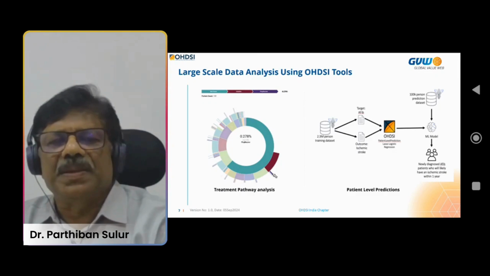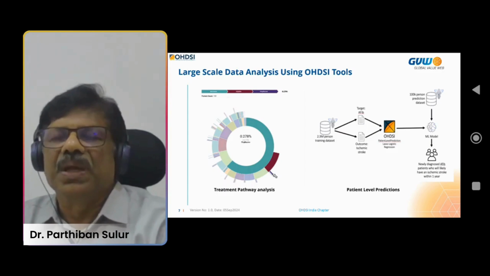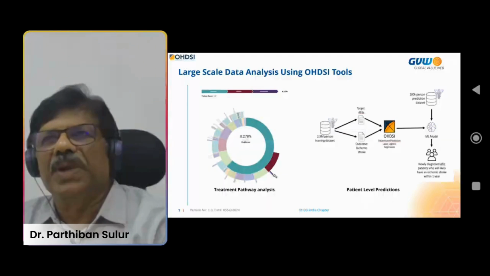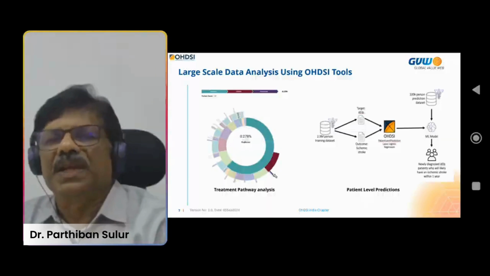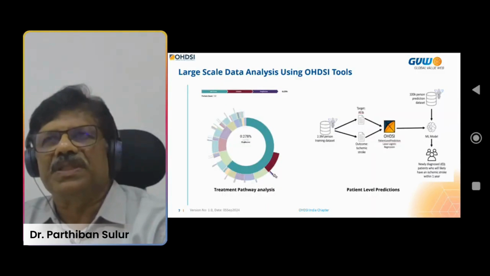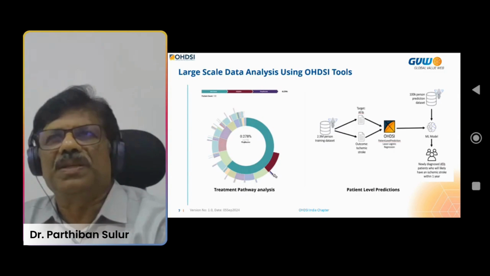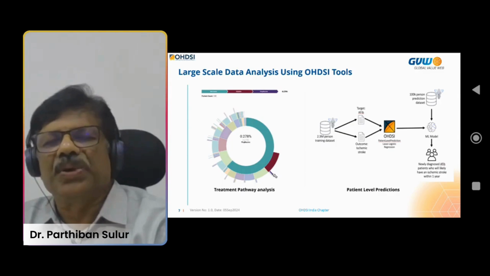Here are a couple of examples. On the left is pathway analysis. You have the first line of treatment and the second line of treatment, the different medicines given for a particular disease, and you get nice sunburst diagrams out of the Odyssey tool. That gives enough idea of which first-line medicine is working well across the population.